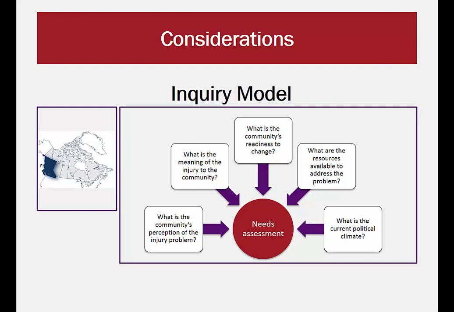What is the political climate for preventing this injury and for sustainability? What resources are available to address this injury problem? What are the characteristics of the community that enable or inhibit the prevention of this injury or their readiness for change? These questions can be used to get at the issue of context mentioned in Step 1 of the Needs Assessment Table.